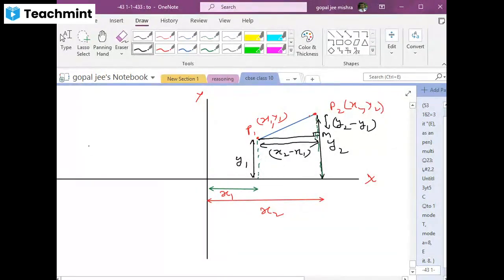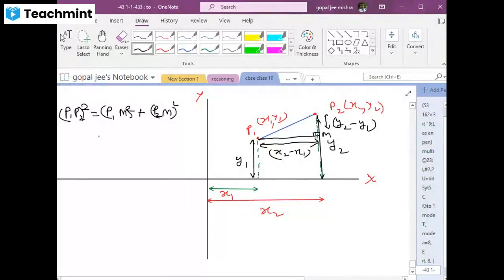Now you know Pythagoras theorem. That tells us that this P1 P2 is the hypotenuse. Hypotenuse square is equal to base square plus perpendicular square, that is P1 M square plus P2 M square. Nothing to be confused here.